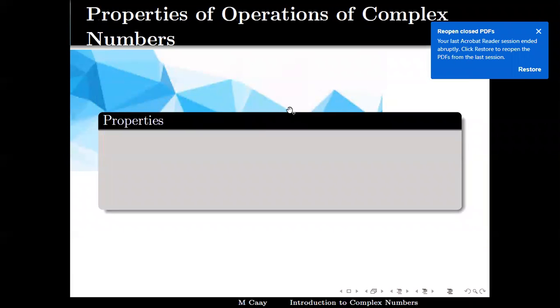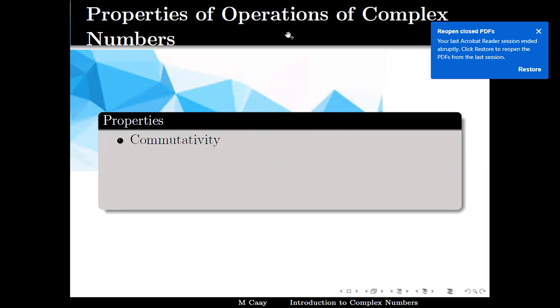Now, of course, in the set of complex numbers, we have the following properties. First is the so-called commutativity.